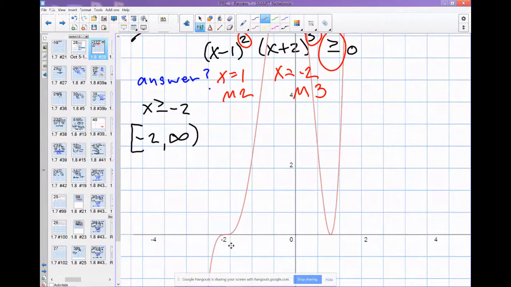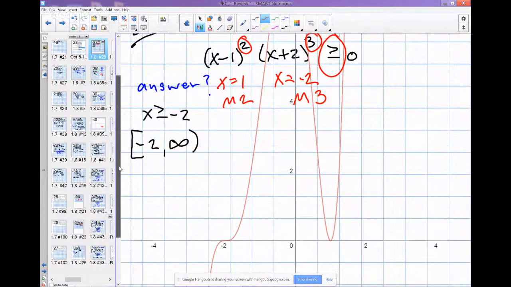It crosses the x-axis, whereas over here, x equals 1 has a multiplicity of 2, and we have what I call a bouncer. It just bounces off the x-axis. Okay, so anyway, looking at the graph, we have two critical points, 1 and -2.